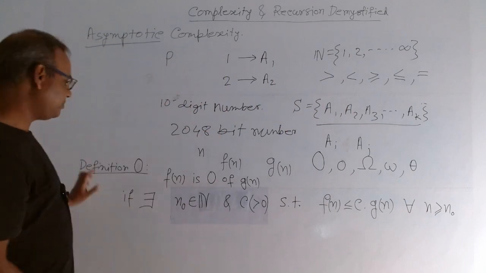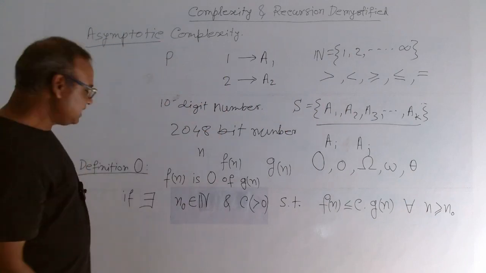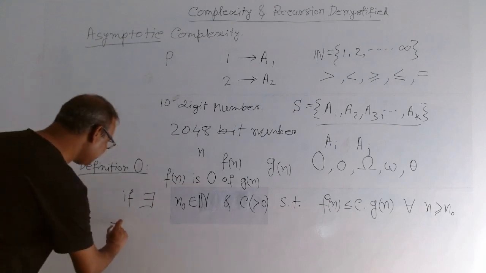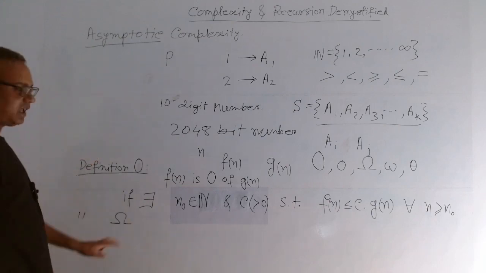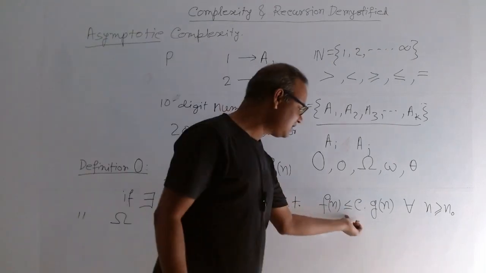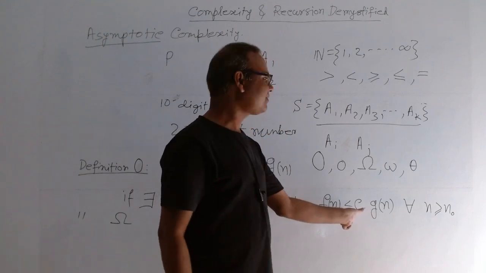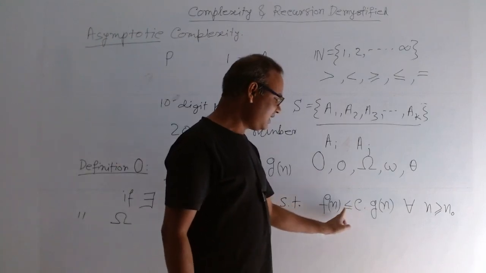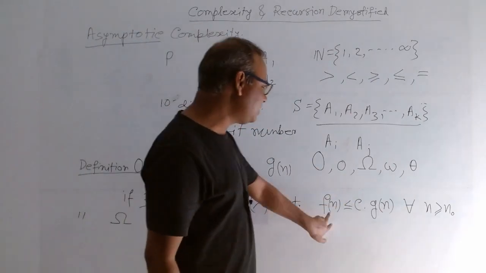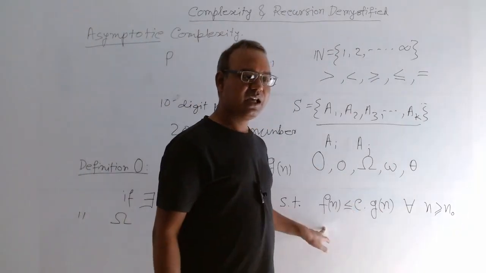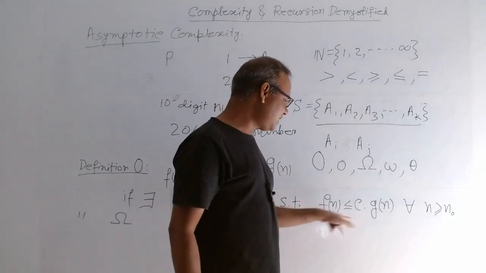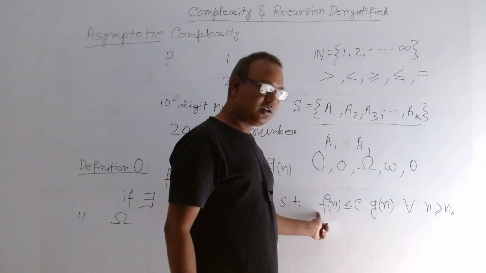Now you can make more definitions. Similarly, we can write the definition of big omega, and what we have to do is reverse this symbol. Here it is less than or equal to; we will take greater than or equal to. Many old books say we have to check that both functions must be positive, but I don't understand why to bother about this.